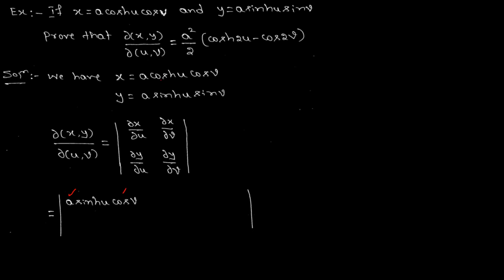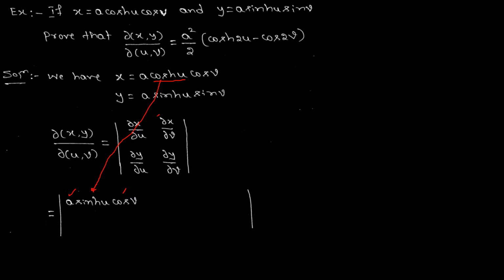Differentiation of cosh u is sinh u. Observe here, differentiation of cos u, without hyperbolic, will be minus sin u. But in the case of hyperbolic functions, differentiation of cosh u will be just sinh u without minus.